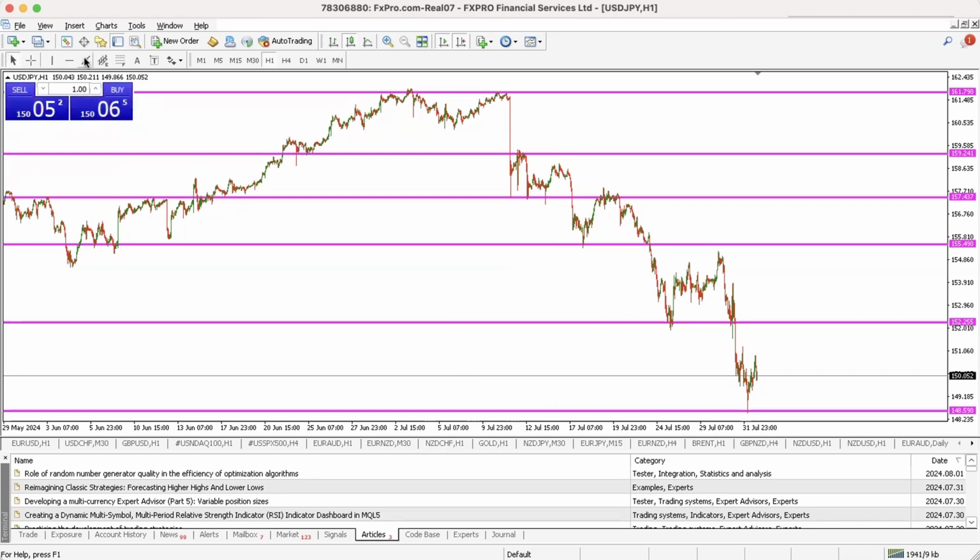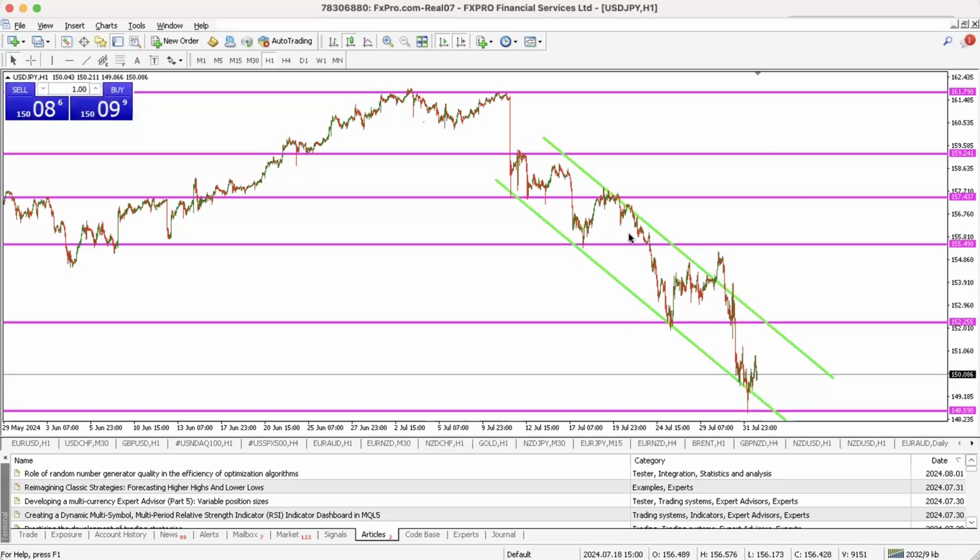Okay, so suppose we have this market. The market moves in this specific structure for this one. So we have our support and resistance as it goes down.